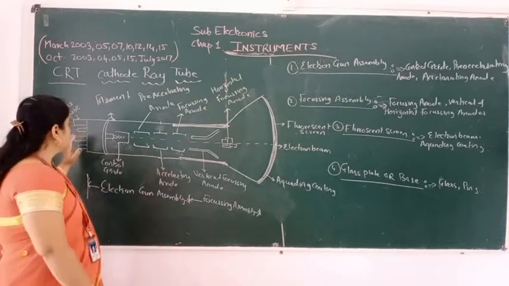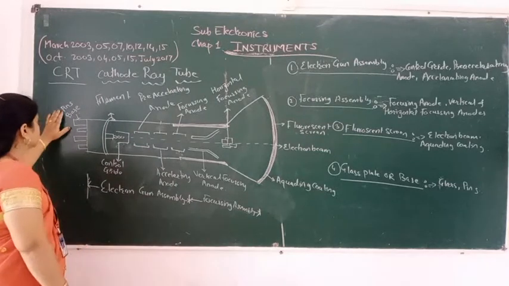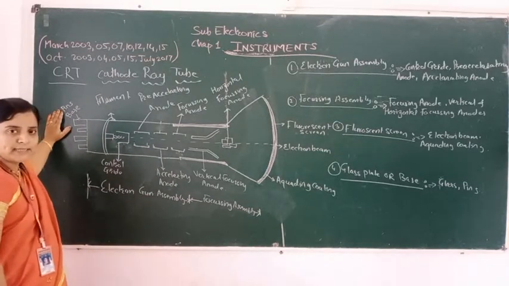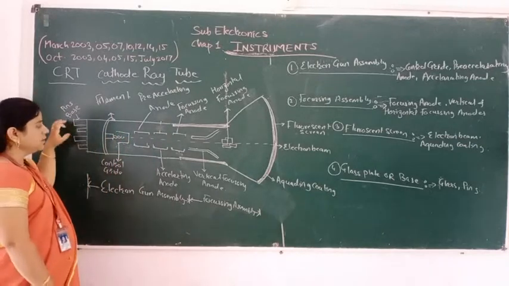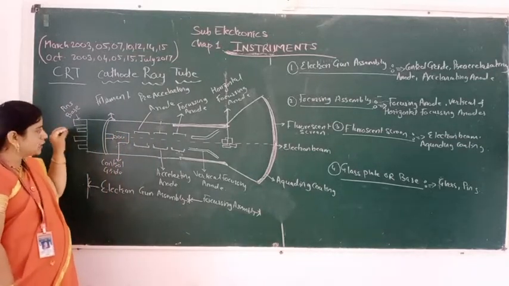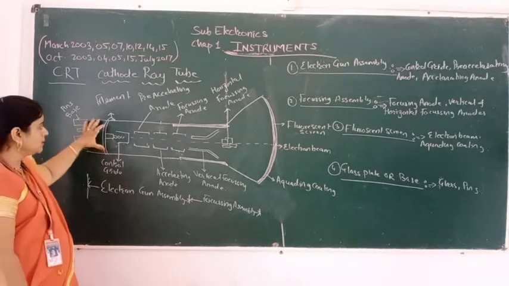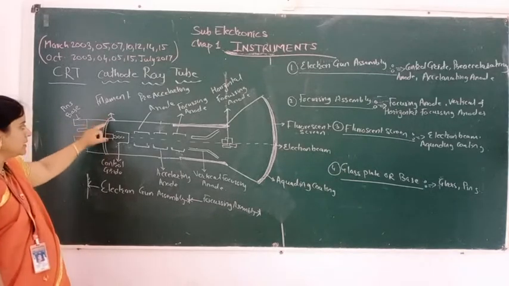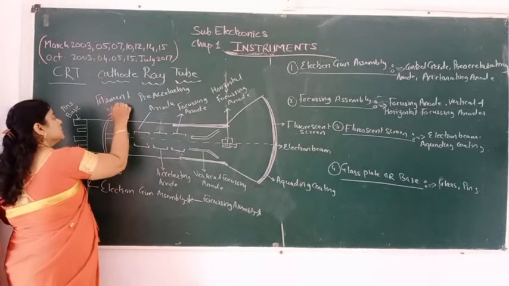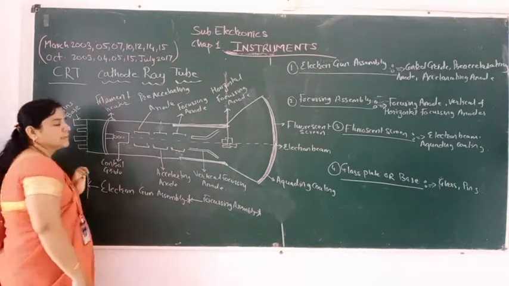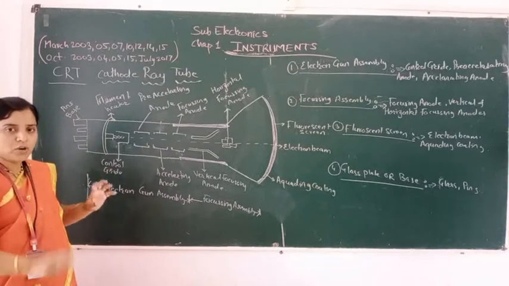Okay, now start. See, these are the pins. Pins are used to plug in. When we plug in this CRT and give the supply or voltage to the pins, what happens? Here the filament is there, and the filament has a heater in the electron gun assembly.